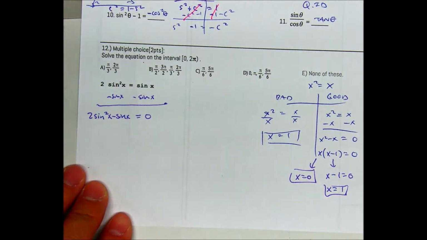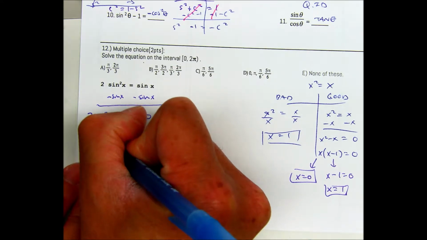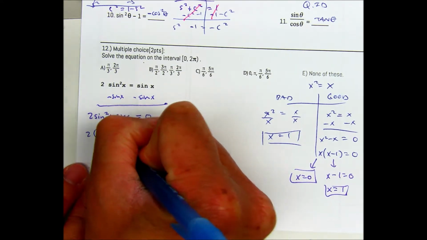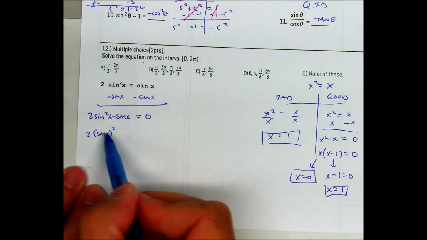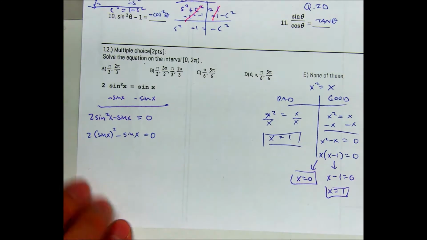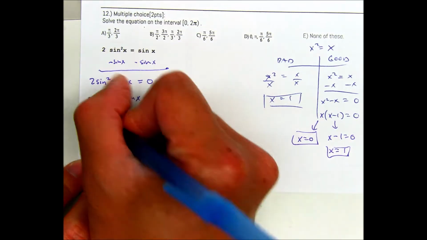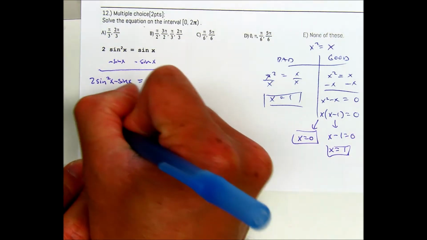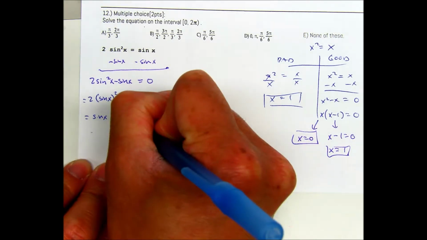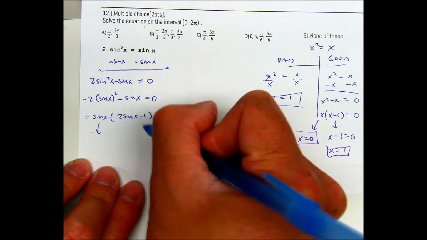Student friendly is 2 times sine of x squared, right? You have sine times sine. That's what it means. And then here I can just factor out a sine of x. So I'm left with 2 sine x minus 1 equals 0, just like the problem over there, and then we're going to set it equal to 0.